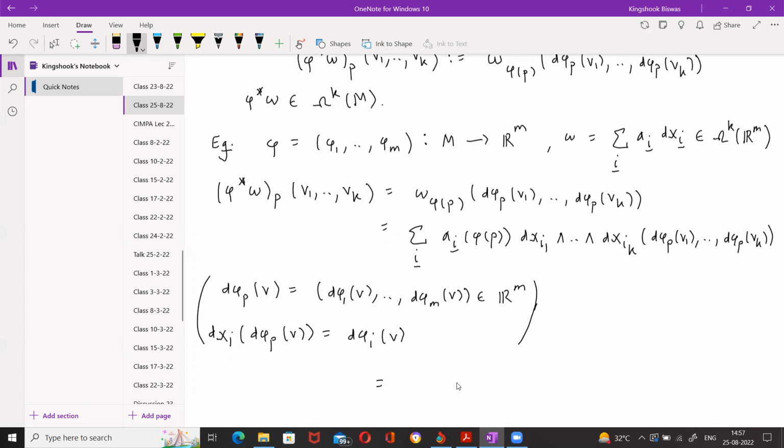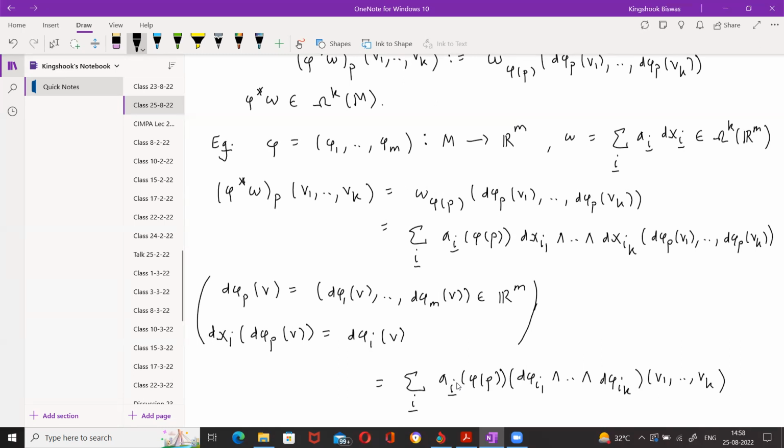So you can see that what we'll get in the end is nothing but, I have this a_I bar of phi P, and then what I'll get is nothing but d phi I1 wedge d phi ik applied to V1 to Vk.